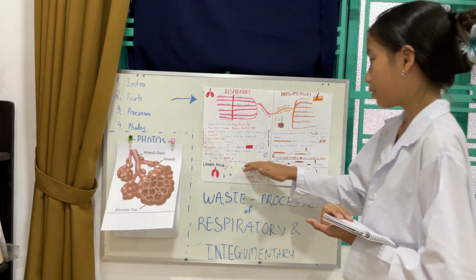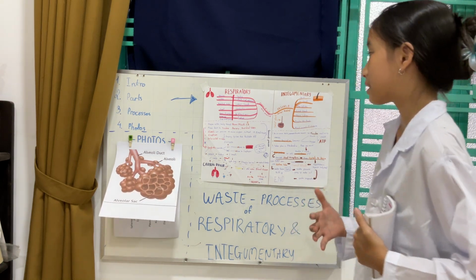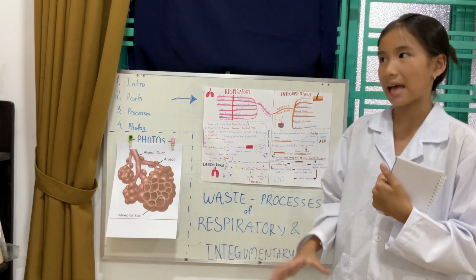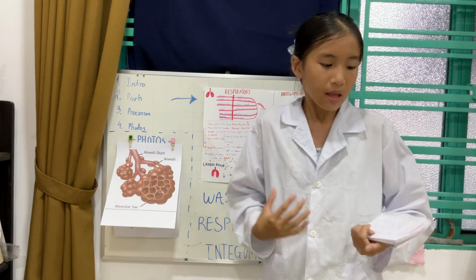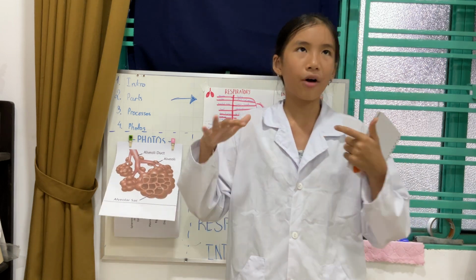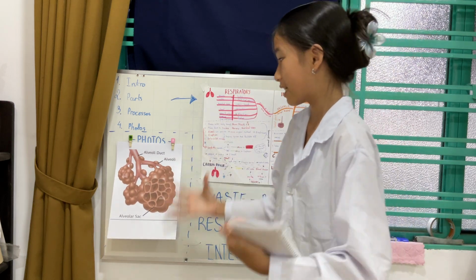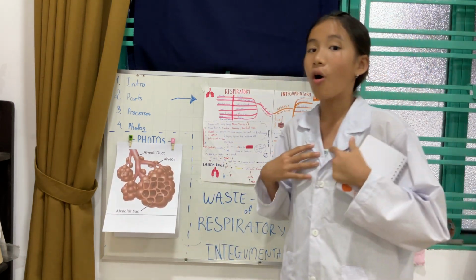Then it will reach the air sacs, which are the alveoli sacs. Now, the alveoli sacs, they're tiny little sacs in our lungs, and there are about millions, like tens of millions of these alveoli air sacs in our whole lungs.